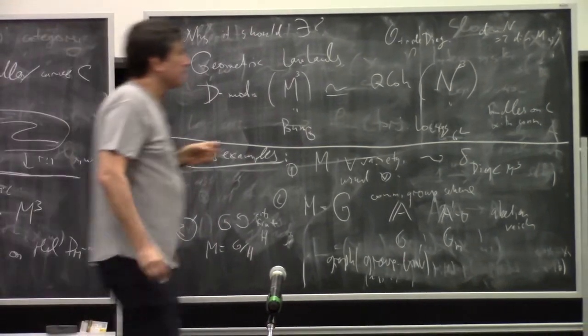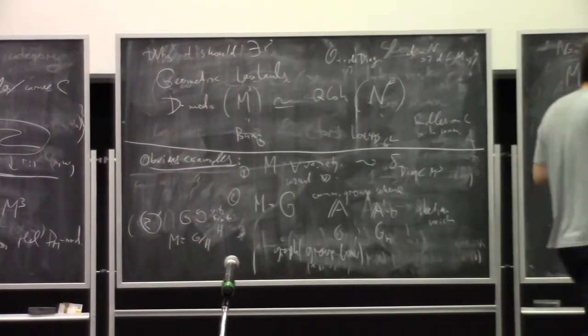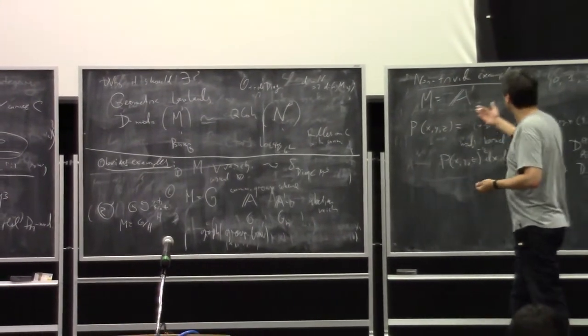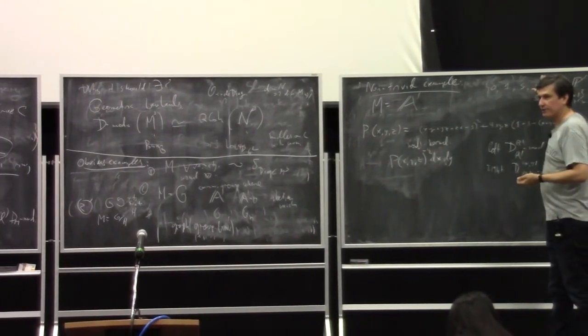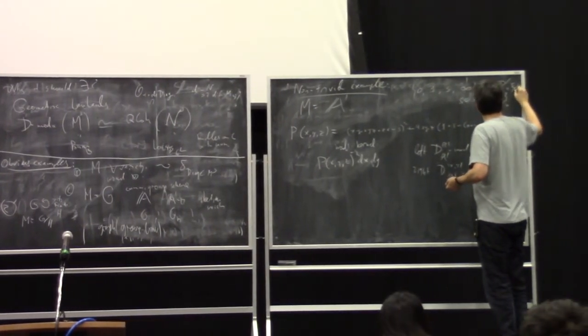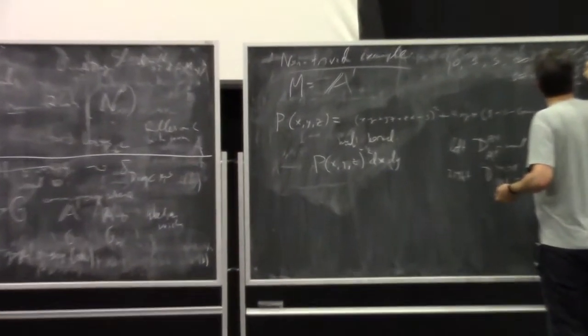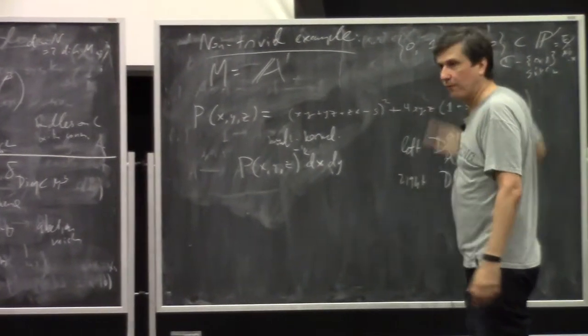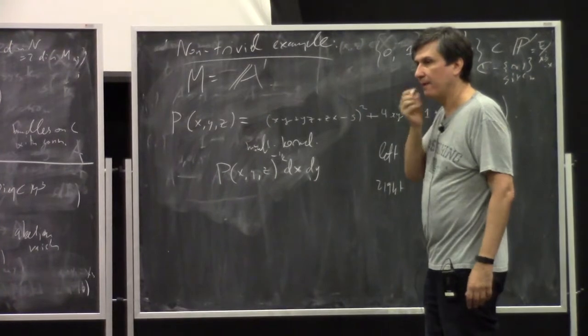For example, if you consider an elliptic curve, which doubly covers the projective line by the antipodal involution, and this will be four ramification points.